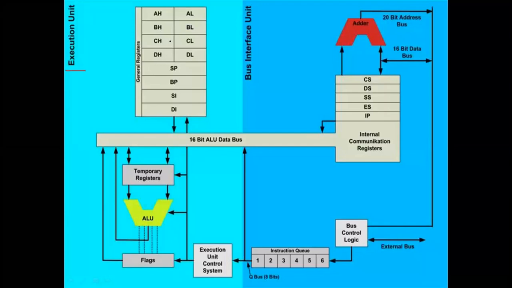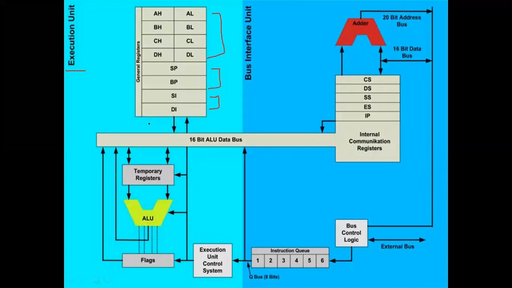So here the functional units are the general purpose registers. Up to this, the first four are the general purpose registers, and then the pointer and index registers. The SP and BP are the pointer registers, and SI and DI are the index registers. The pointer registers are the stack pointer and base pointer, and the index registers are the source index and destination index.